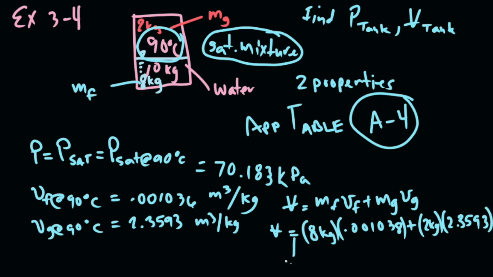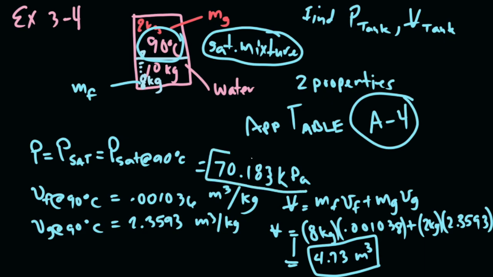When we multiply by the mass, we cancel out the kilograms at the bottom, which gives us a total volume. This calculates out to 4.73 meters cubed, and that is the total volume of this tank. So now we found the pressure of the tank and the total volume of the tank.